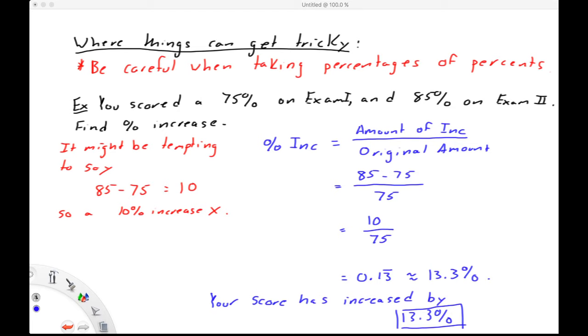So that's definitely something you want to be aware of whenever you are taking percentages or percent changes of percentages. Just make sure you're really careful with the language that you're using, right? In this case, we can say, yeah, I scored 10 percentage points higher, but my improvement was an improvement of 13.3%.